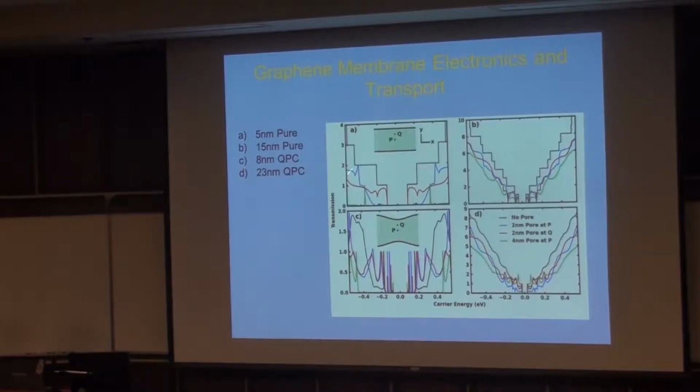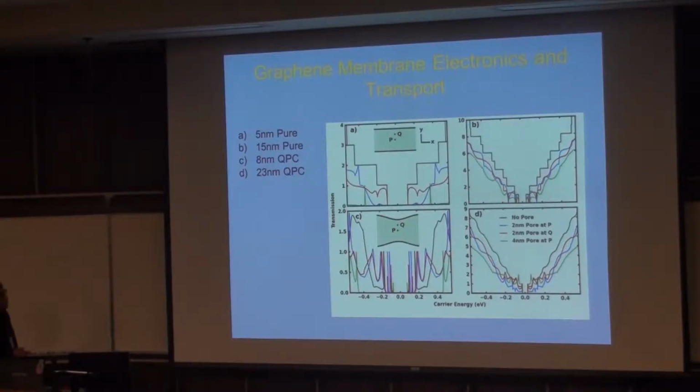Within each specific geometry, we have 4 pore configurations. The black curve corresponds to no pore present. The blue curve is a 2 nanometer pore present at the point P. The red curve is a 2 nanometer pore present at point Q, and the green curve is a larger 4 nanometer pore at point P.